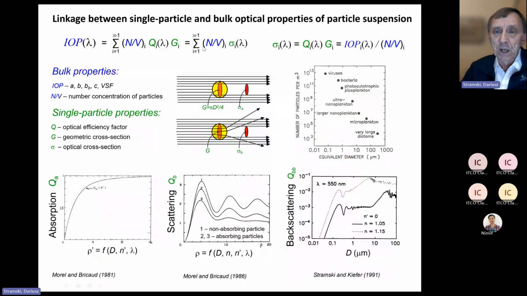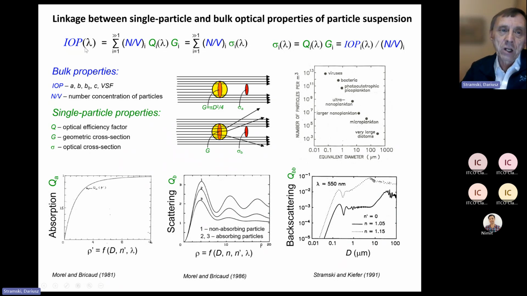And this complexity is embedded in this relationship that I indicated earlier for assemblage of individual particles, the linkage between bulk optical property IOP and individual particle properties, this Q and G. But I indicated it's just for one single type of particle. In reality, we have countless types of particles.